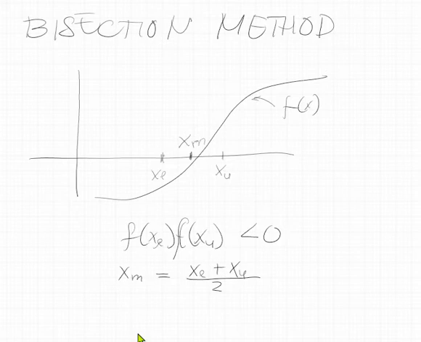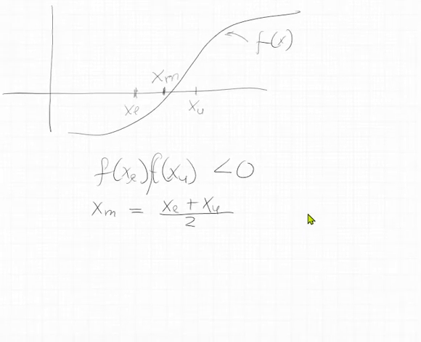After determining xm, we need to know where the root is. Is it between xl and xm, or between xm and xu? Obviously in this figure, this is our root. From here, we will change our interval. How do we know whether the root is on the right side or the left side, the lower part or the upper part?